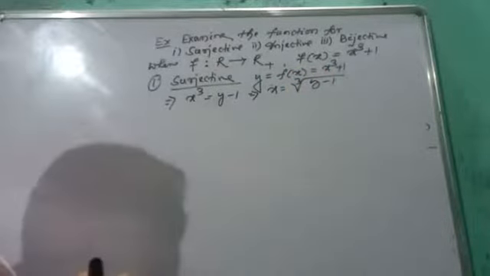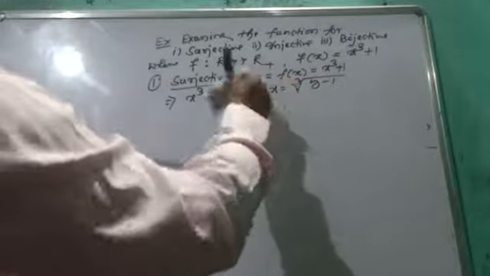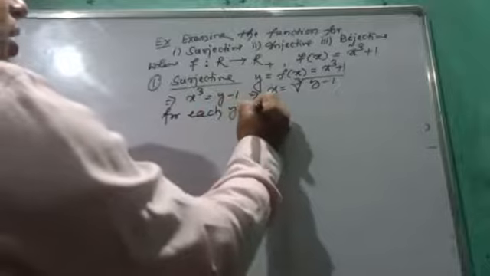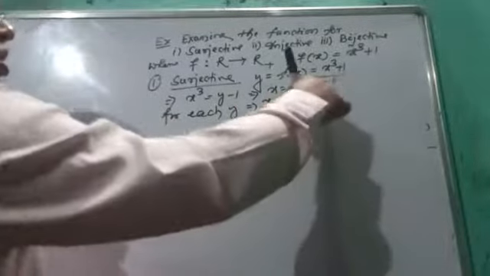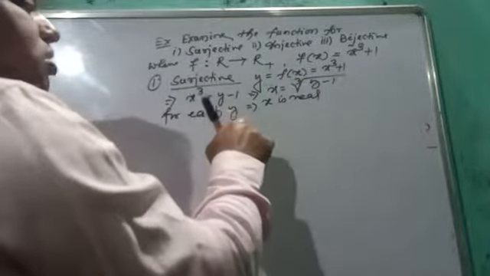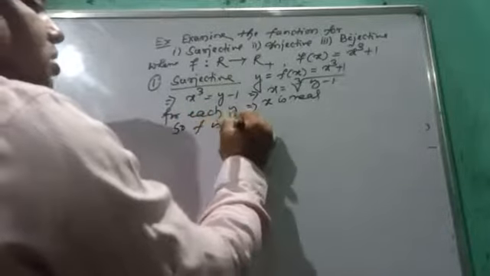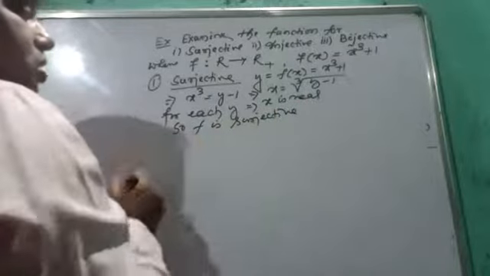Now if you take any real value, then for each y, x is real, because the cube root of a real value is a real value. So f is surjective.